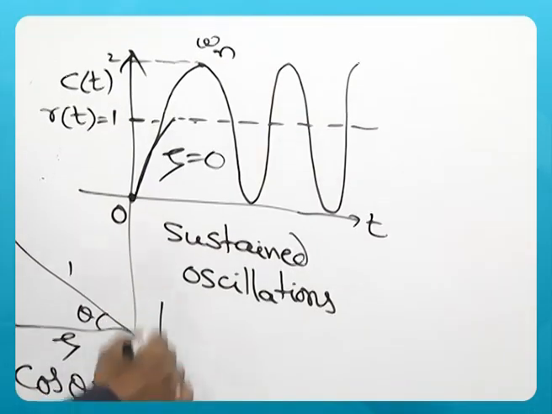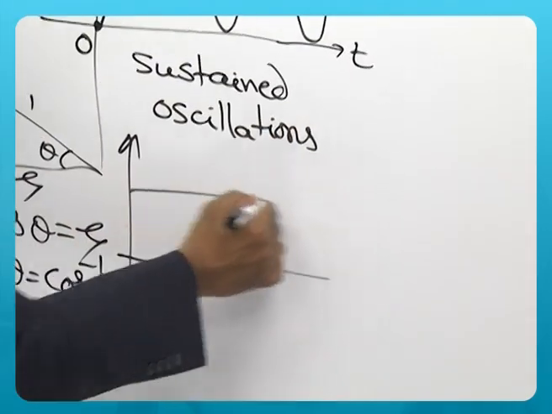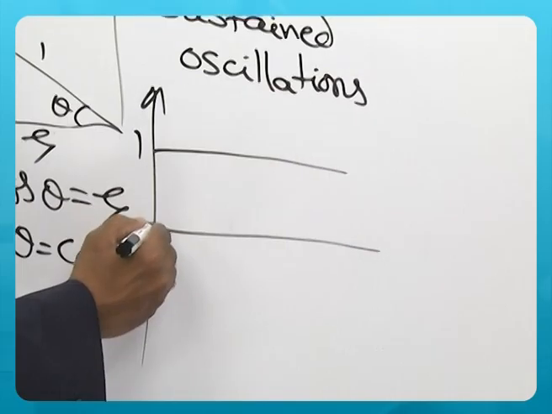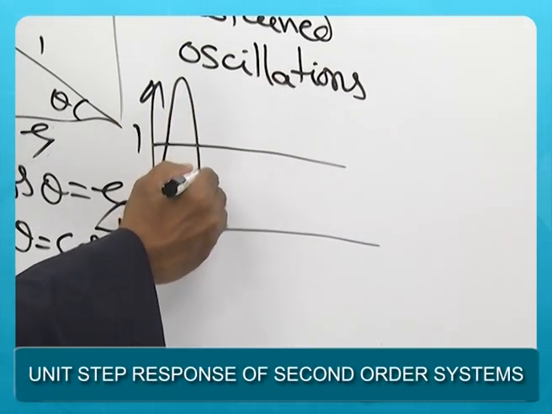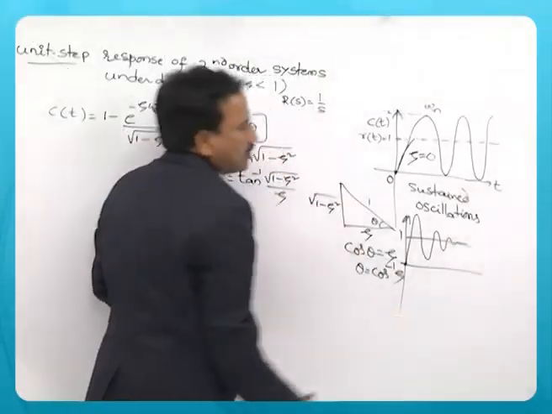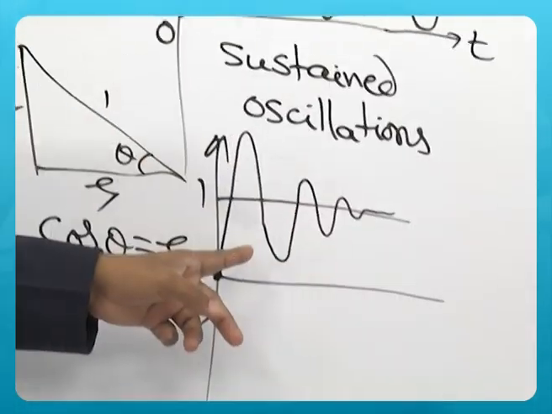So, if you see the response for unit step input again 1, the response will look like this. What is the difference between this waveform and this waveform?